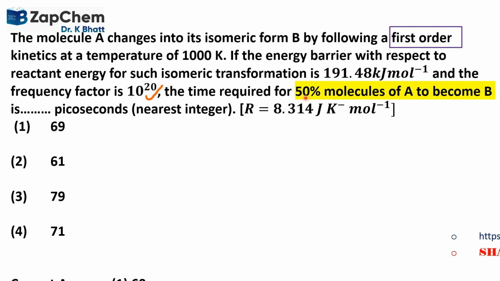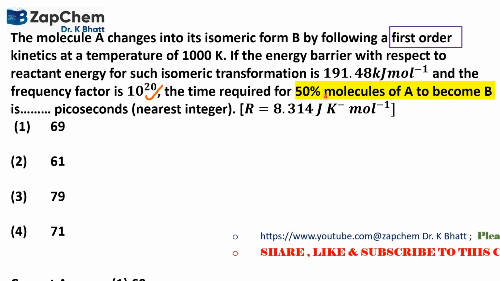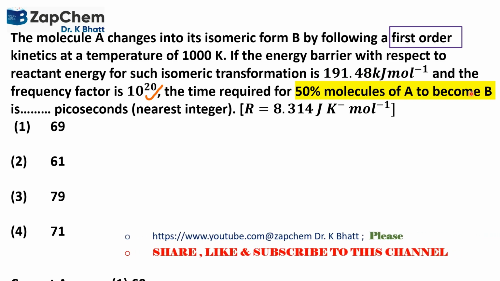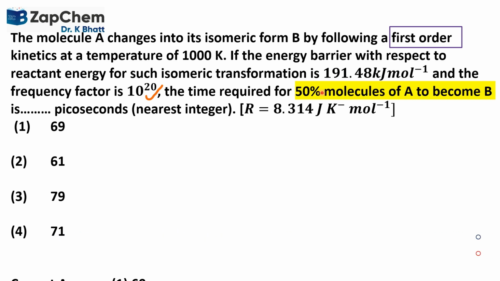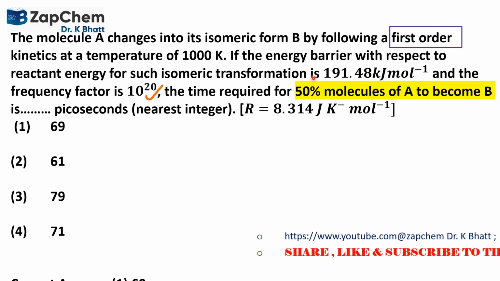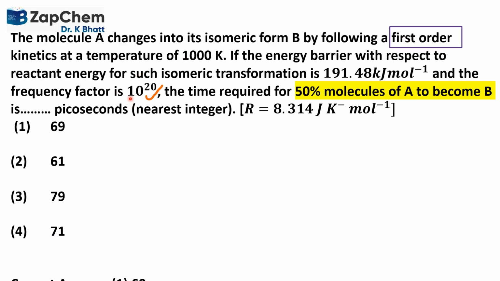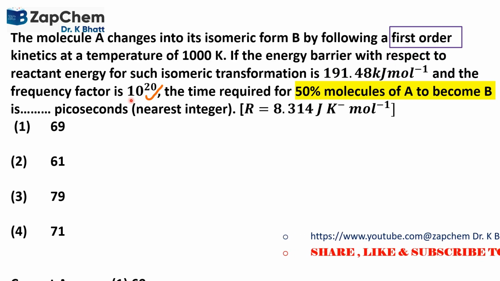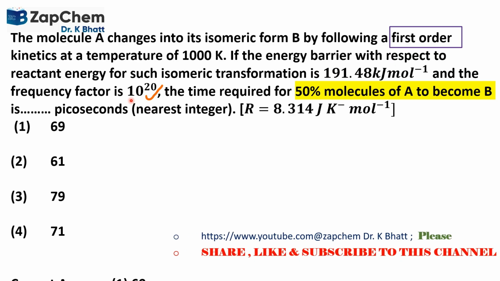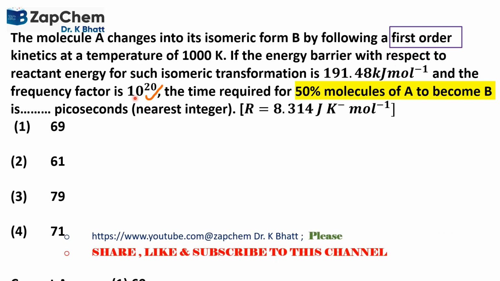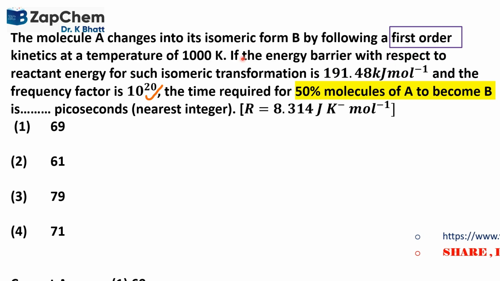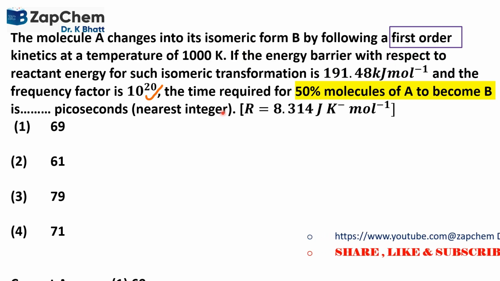And finally, one more hint is provided that the time required for 50% molecules of A to become B, that means we need to calculate the half-life period. There is the relation with the half-life period and also the first order reaction. And since the frequency factor is there, we can very easily make out that this has got to do something with the Arrhenius equation. So let us go through the question and answer it stepwise.